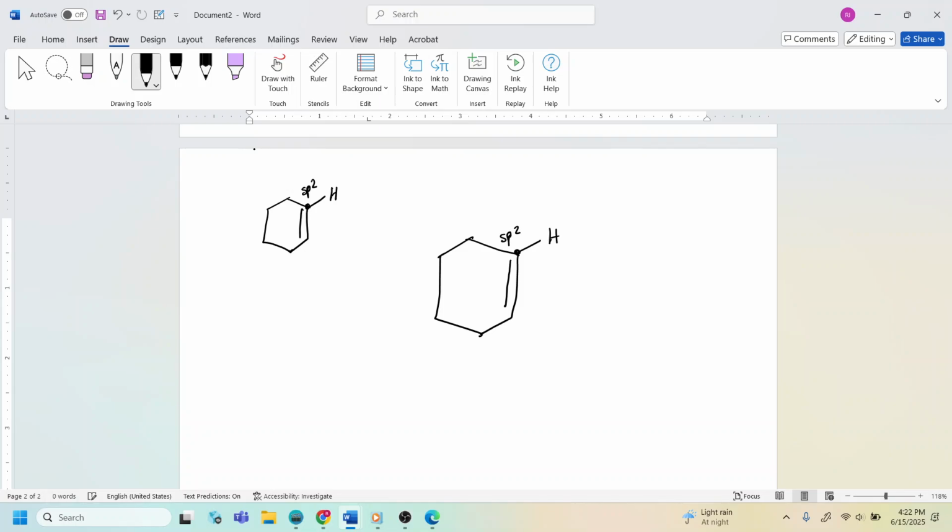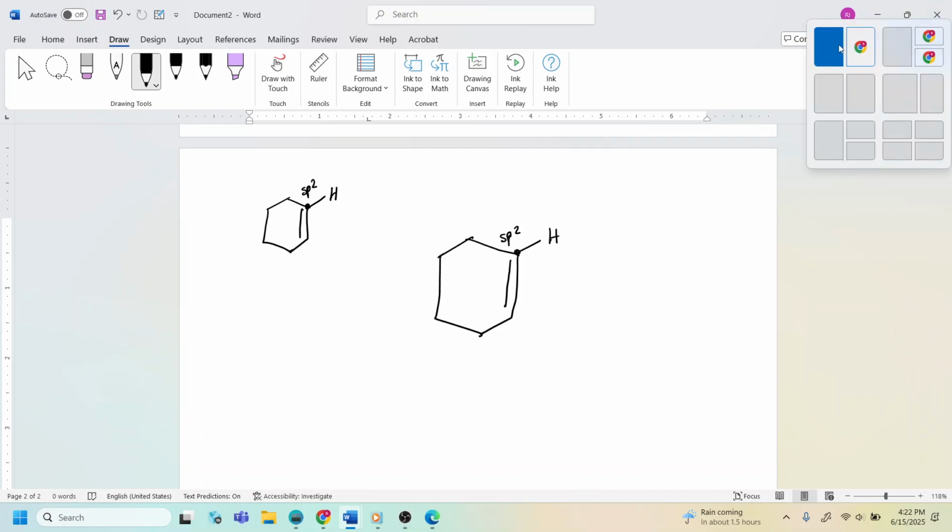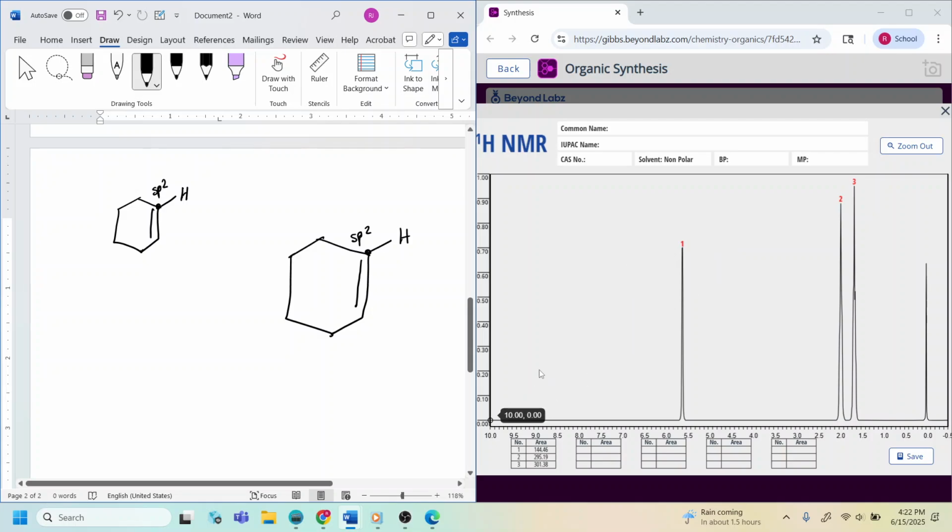And the hydrogens connected to the sp2 carbon are more deshielded. So I'm expecting the hydrogen on this double bond to be further downfield compared to the hydrogens that are away from the double bond. Let's put a split screen in here.